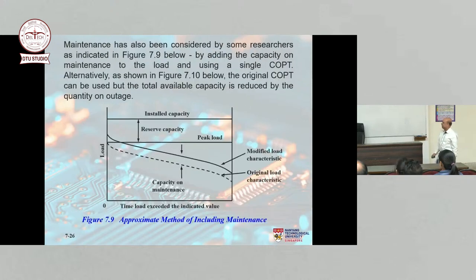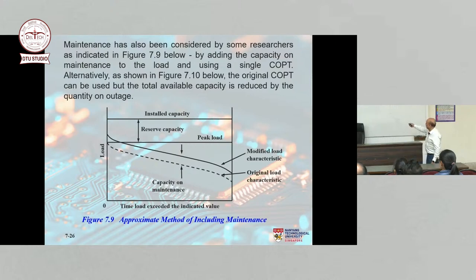Let's go here first. So the approximate method of including maintenance is, whenever some generator is on maintenance, I assume that the load profile is now going up by the capacity of the generator on maintenance. So for example, the generator on maintenance is 40 megawatt.